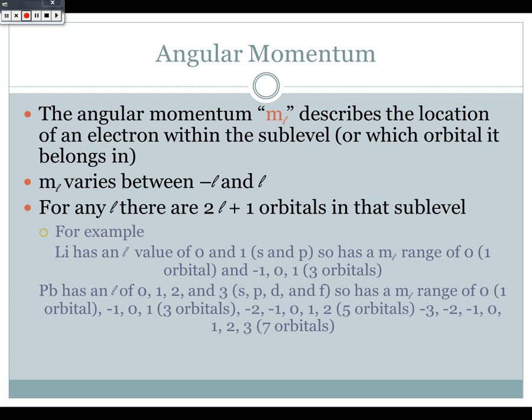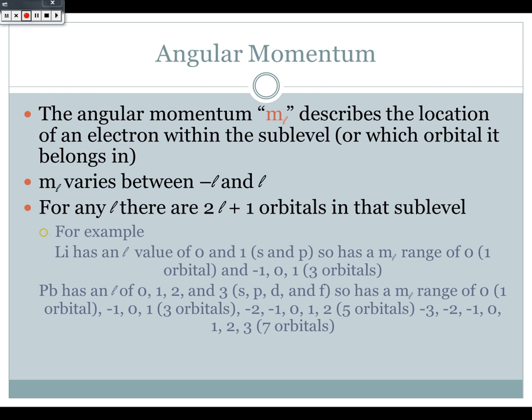So lead has L values of 0, 1, 2, or 3, so an S, P, D, or an F. For the S, the m sub L range is 0, which is 1 orbital. For L equals 1, it has 3 orbitals, which is the p orbital, negative 1, 0, and 1. For L equals 2, it's negative 2, negative 1, 0, 1, or 2, which is 5 orbitals.